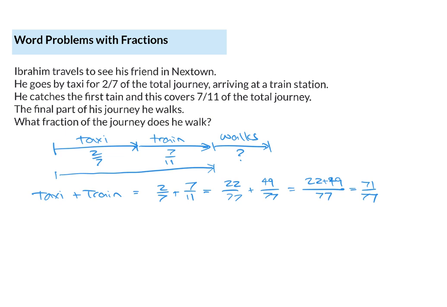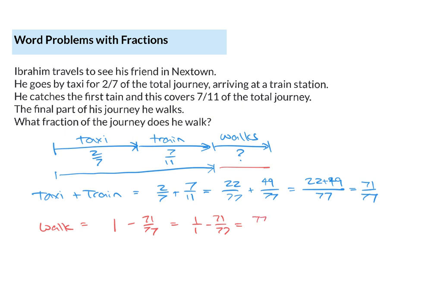Now, I want to work out how far he walks. So that is going to be the total journey, subtract the taxi and the train. So what I do for this, for the walk, the total distance is going to be written as 1, because it's 1 total journey. Take away 71/77. Now, any whole number can be written as a fraction. 1 is basically 1/1. Take away 71/77 in this case. For subtraction, I need the same denominator.